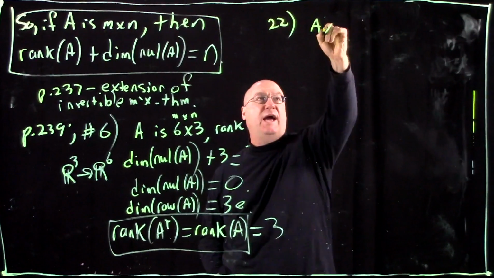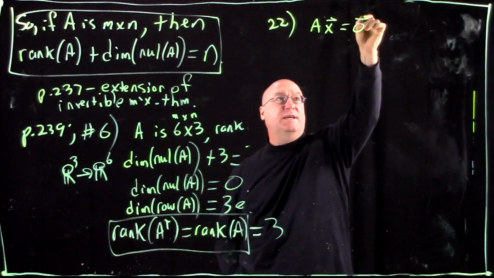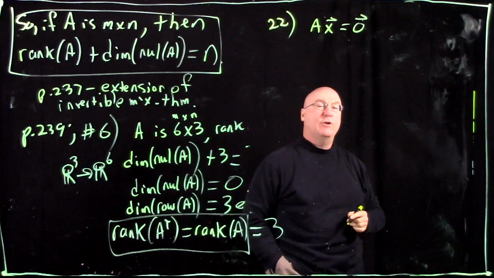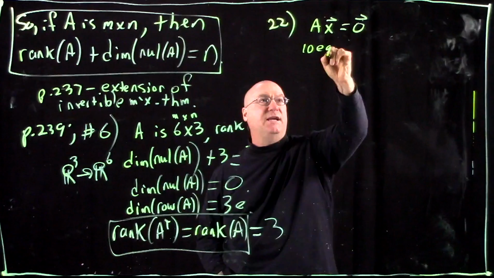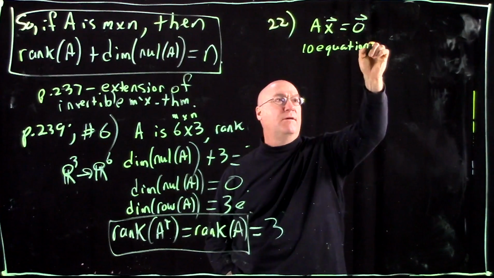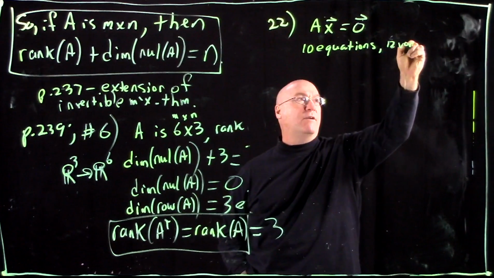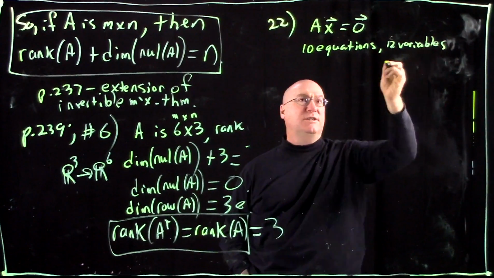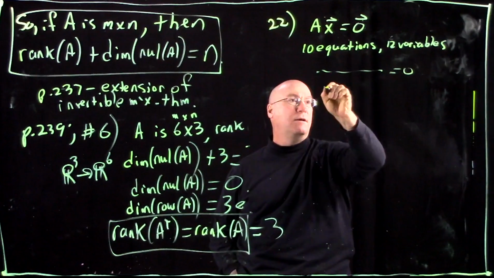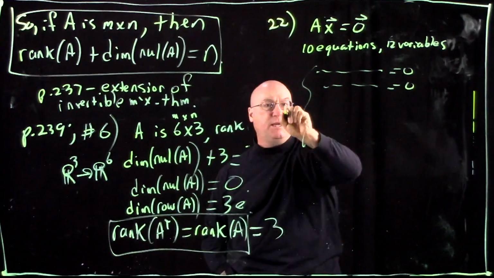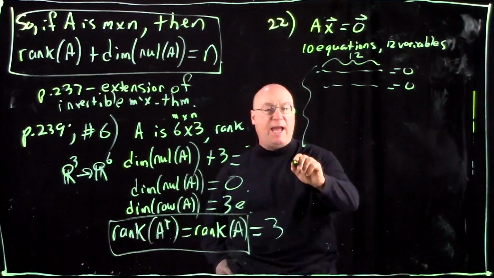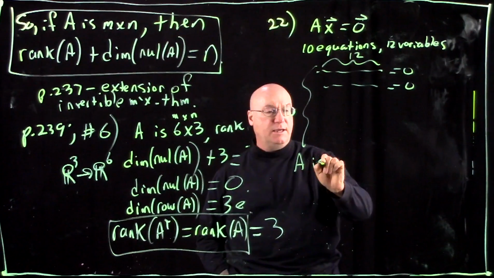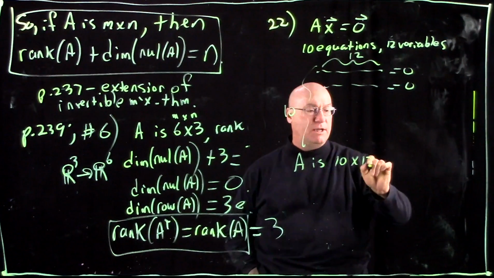If I write it in matrix form, there are 10 equations and 12 variables. So the system looks like this: there are 10 of these and 12 of those. So A is 10 by 12, isn't it?